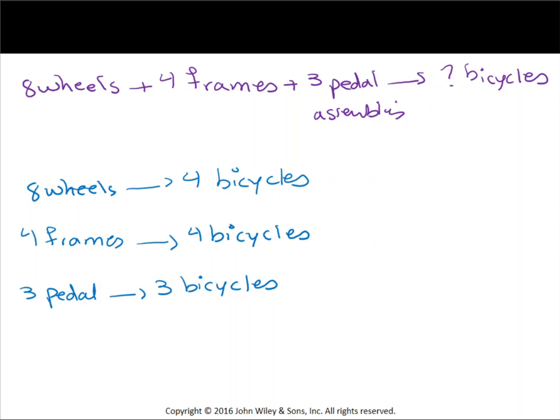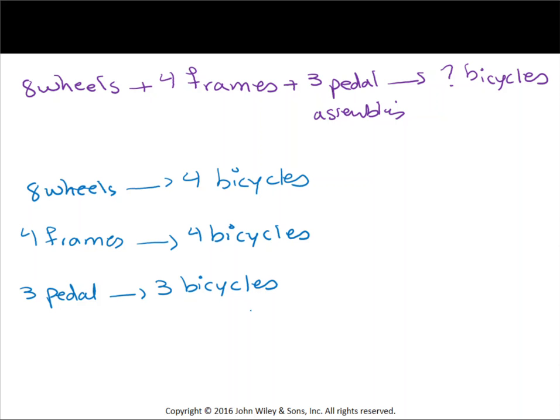Now, how do I interpret this? Just the fact that I don't end up with the same number of bicycles tells me that I don't have the proper ratio between wheels, frames, and pedals. If I did have the proper ratio, the appropriate amount of each one of these parts, I would have ended up with the same number of bicycles.